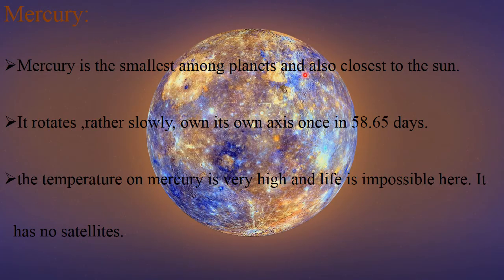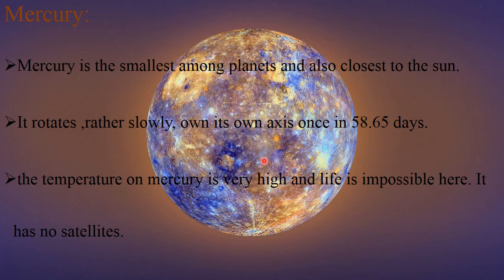Mercury. This is the first planet of our solar system. Mercury is the smallest among the planets and also closest to the Sun. It rotates rather slowly on its own axis once in 58.65 days.